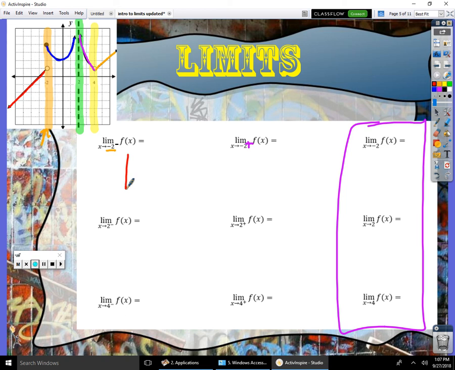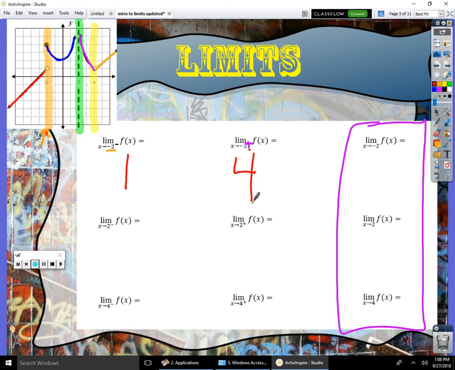Okay, so here I am right here. Am I going to look to the right or the left? To the right side of which fence? I'm still at the orange fence on the right side. What color is that? Blue. Where does the blue meet the orange fence? At 4. Are these two in agreement?